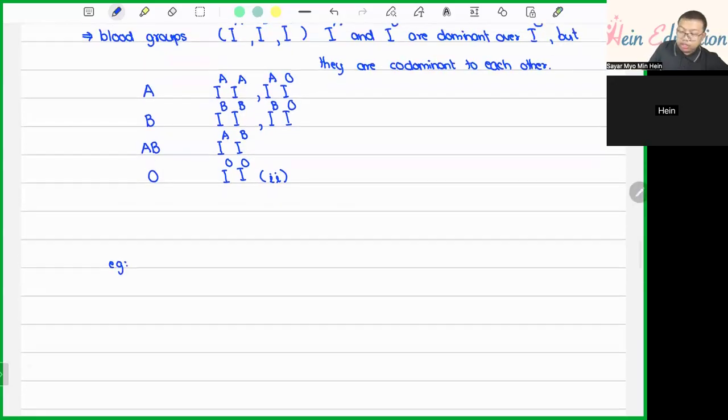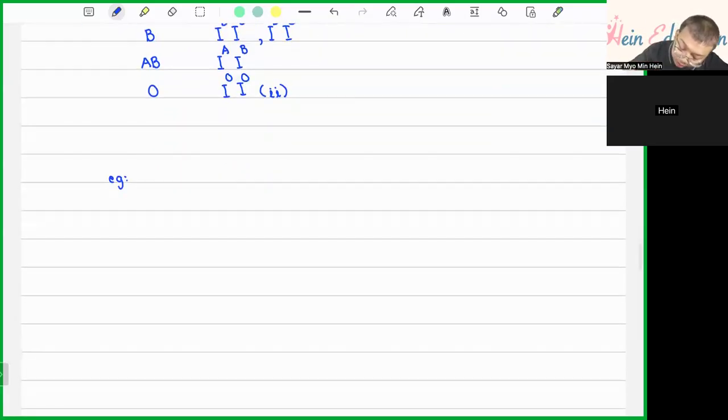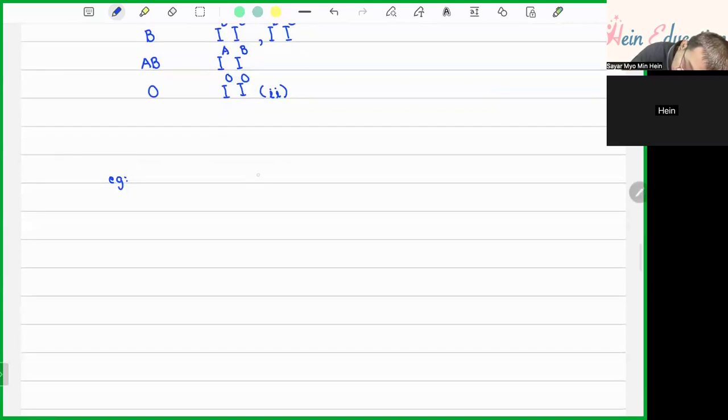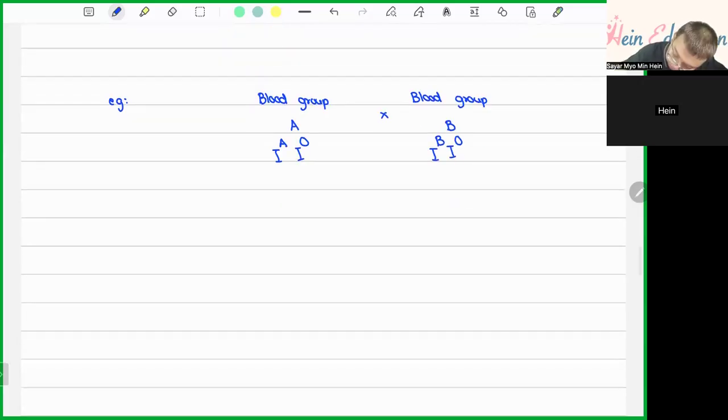Let's say we cross parent A and parent B, and the offspring is blood group O. We have heterozygous blood group A and blood group B, and their genotypes would be IAIO and IBIO. Similarly, we will have two different alleles from each.